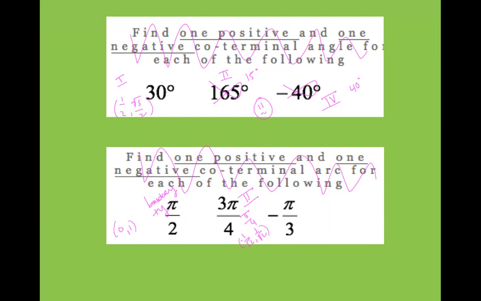And negative pi over 3 has a reference angle of pi over 3, and that's in quadrant 4. So it's going to be positive 1/2, negative root 3 over 2. It's just like this one, just the reflection of it.